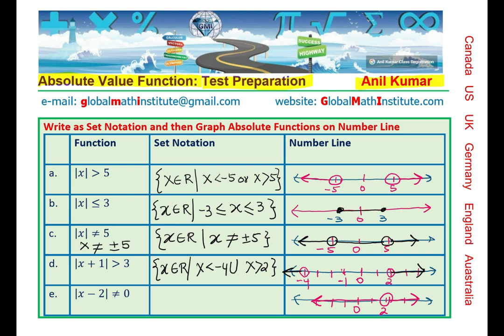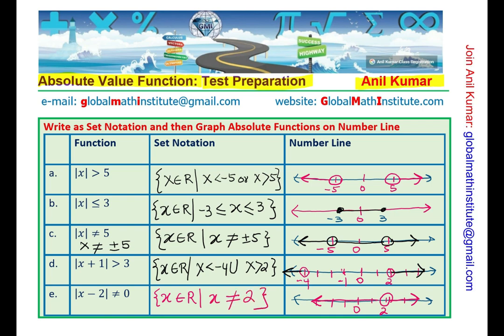So that is how we are going to draw this number line for the given inequalities with absolute value function. Important thing here is that we have solved the last 2 3 questions even without getting into solving inequalities. So we get x belongs to real numbers where x is not equal to 2. Perfect. Because at 2 it will be 0, and we want something which is not 0.